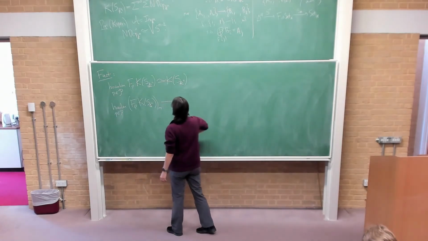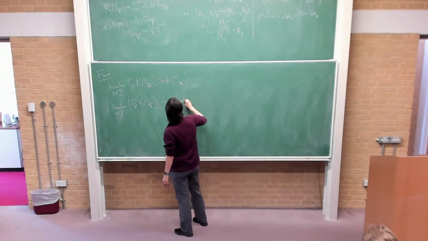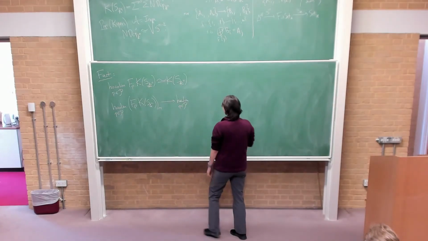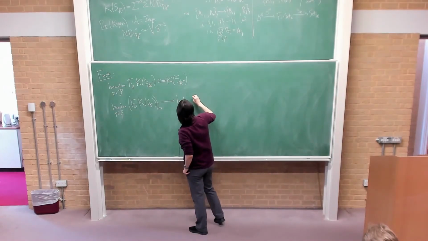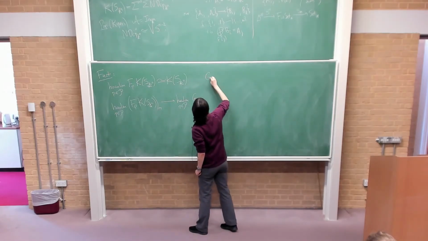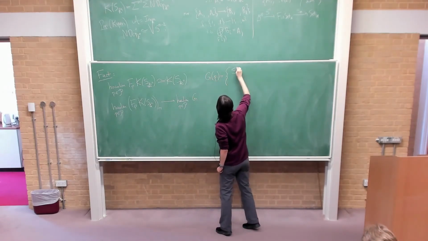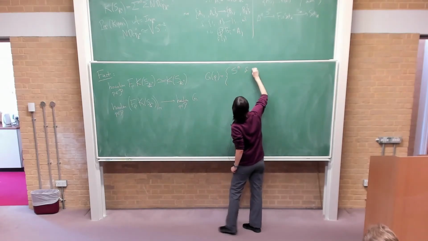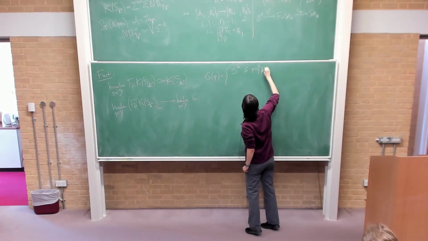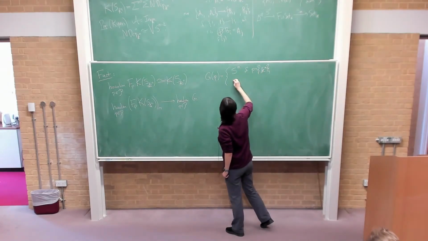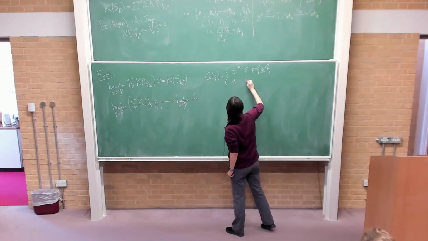I'm going to map it to the homotopy colimit of the following functor, which I'll call G. I'm going to define G of P to be Sn if P is Kn, and a point otherwise.